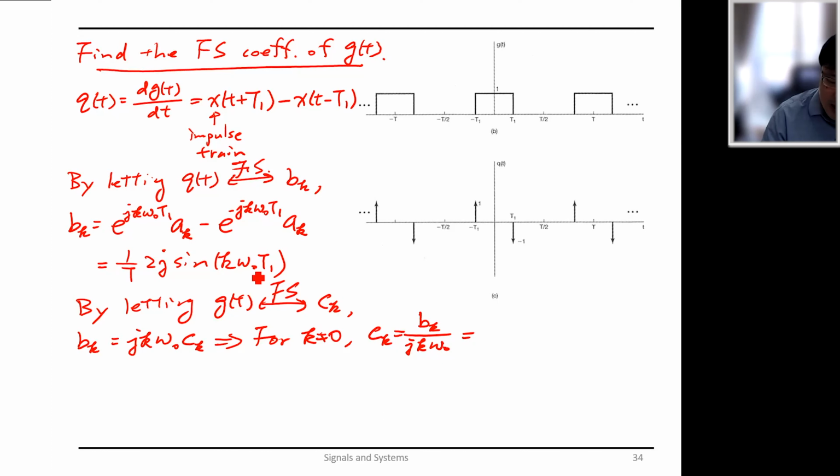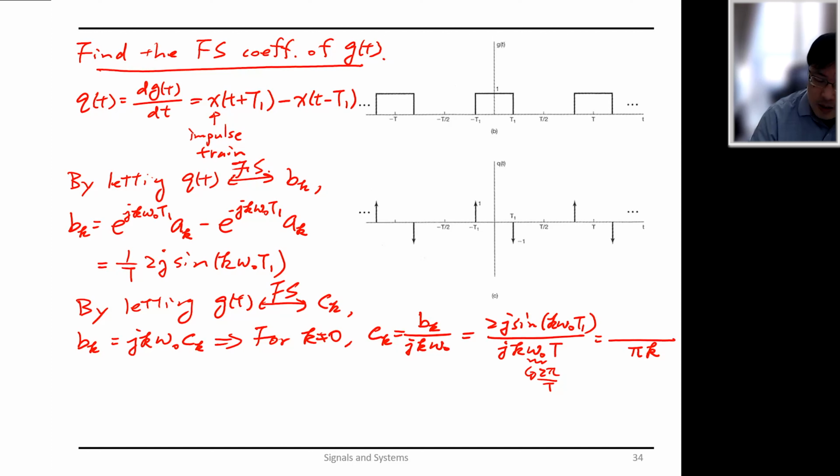And by substituting bk inside, I get 2j sine k omega naught t1 over jk omega naught capital T. Okay, so the j cancels out, and if you substitute omega naught with 2 pi over capital T, then you have in the denominator pi k, and in the numerator sine of k omega naught t1.